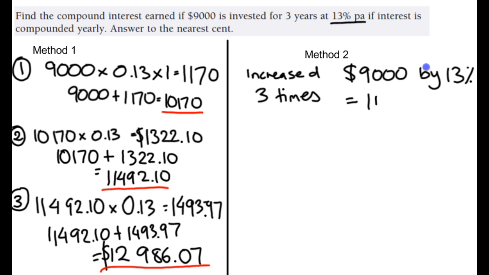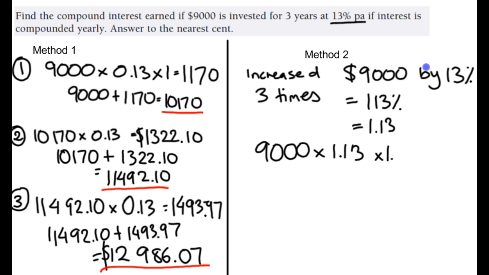That's what I'm doing every time. I'm increasing it by 100% and 13%. As a decimal, that's written as 1.13. So what I'm actually doing is 9,000 times 1.13 times 1.13 times 1.13, which is 9,000 times 1.13 to the power of 3.